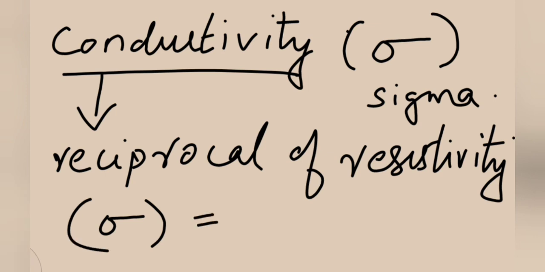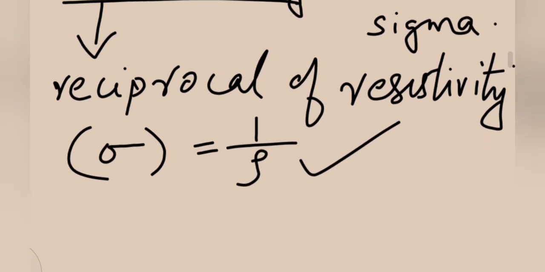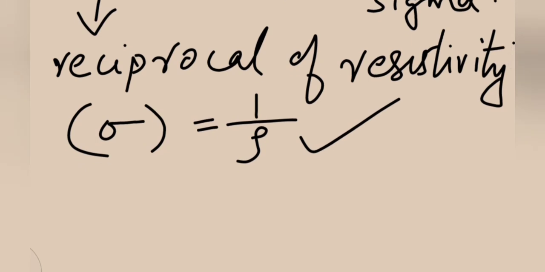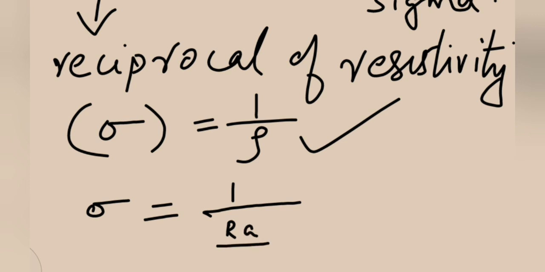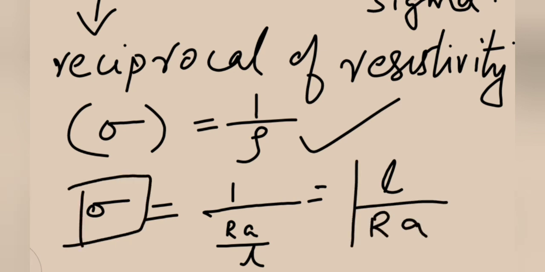Sigma is equal to 1 upon rho. So this is the relationship between conductivity and resistivity. If you write it in terms of resistance, you know the value of rho. Rho is R multiplied by A divided by L. So the L will go up, and the relation will become L upon RA. So this also can be taken as the equation for conductivity.